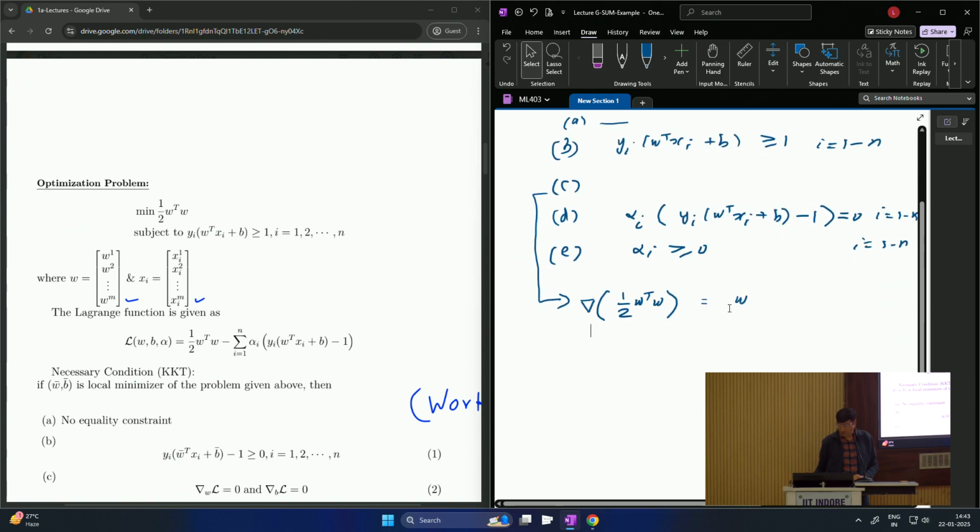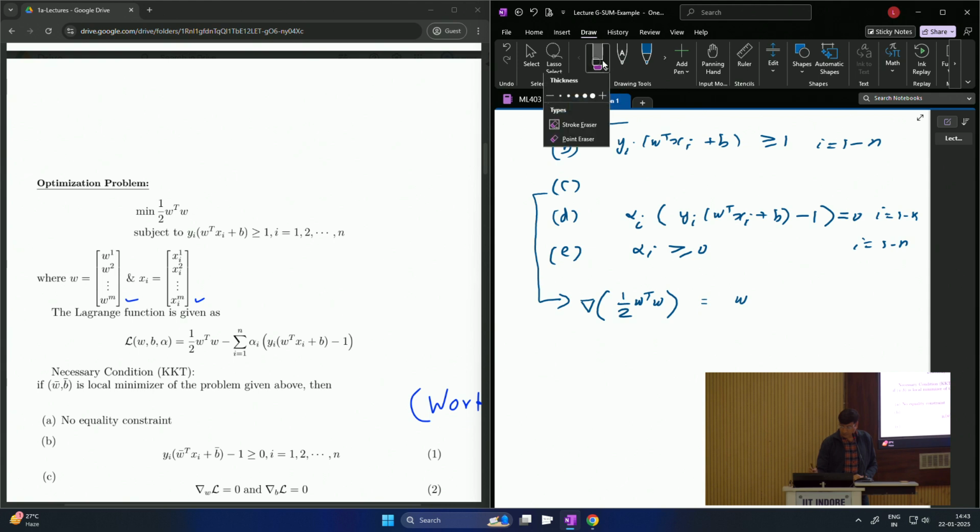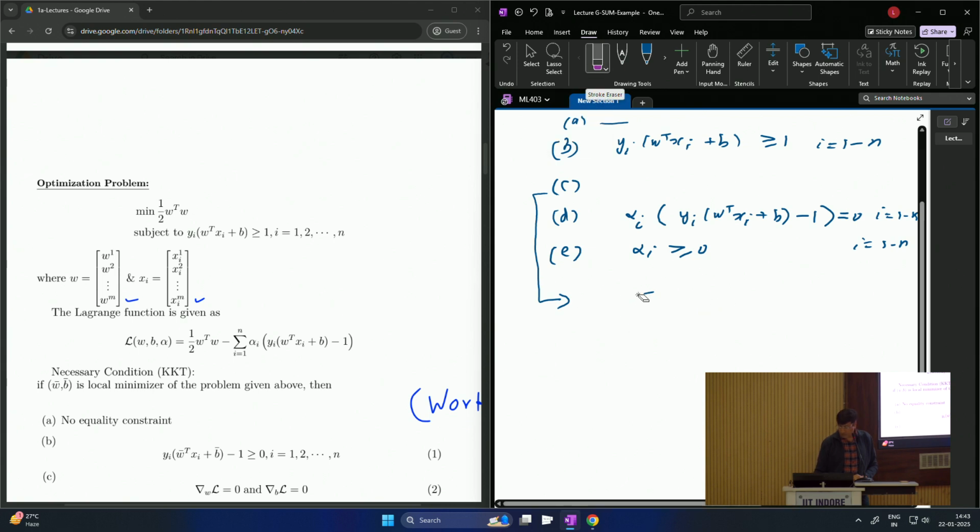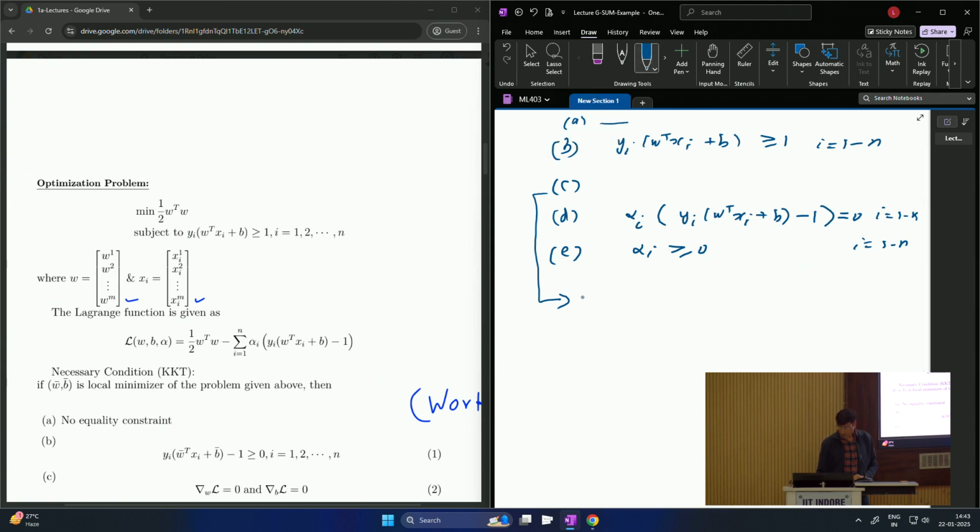So that is what we are saying. The gradient of the function, so how I would write is, let me erase this first, let's write the whole thing first, then you will understand. So we will write gradient of the function W transpose W is equal to the linear combination alpha I going from 1 through n, gradient of the constraint. Is it still foreign to you? We just did this on Monday.